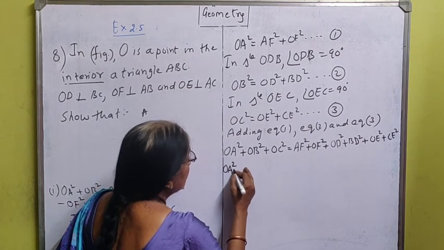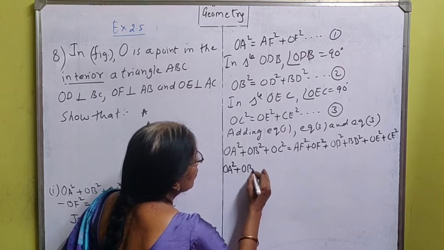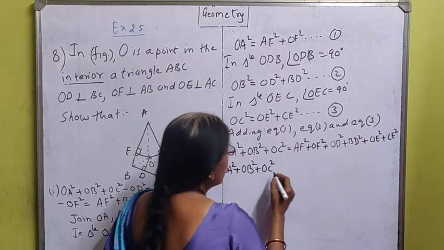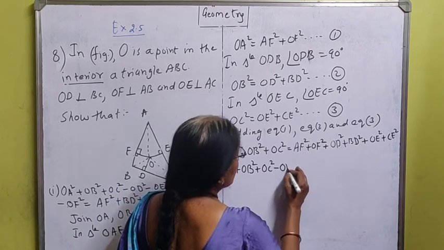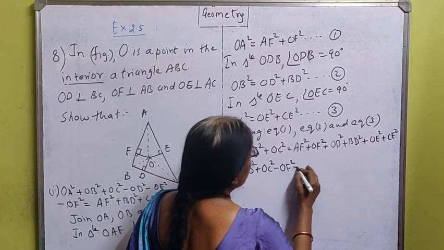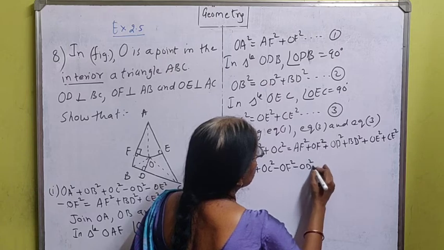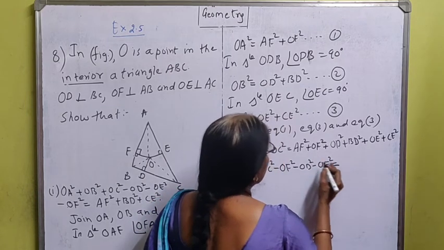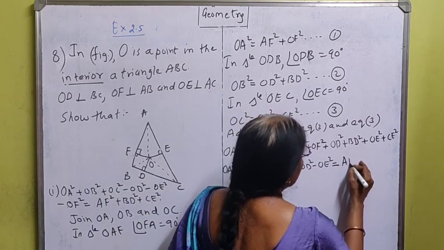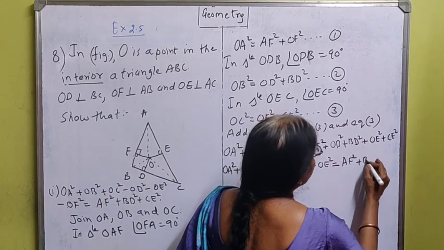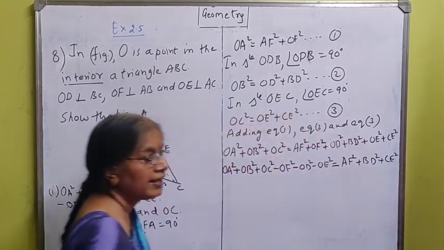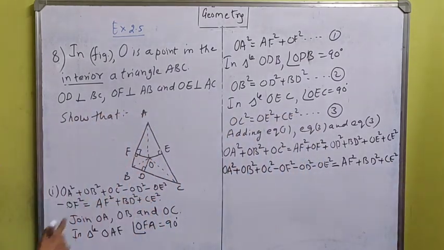So OA square plus OB square plus OC square minus OF square minus OD square minus OE square is equal to AF square plus BD square plus CE square. So you have proved what you wanted.